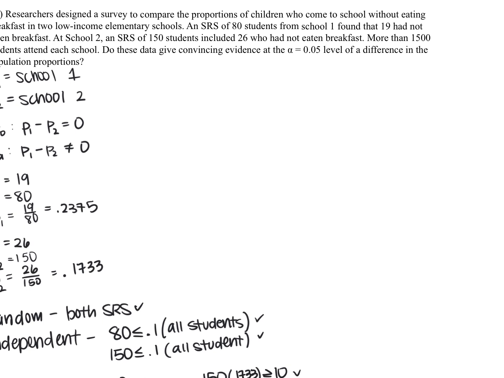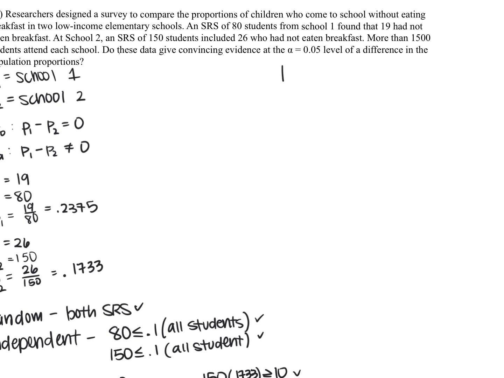So when we calculate our test statistic, we actually don't want to use the P1 hat and P2 hat when we do our standard deviation in the denominator, because we want to make sure that we're only gathering from the successes and not the failures.